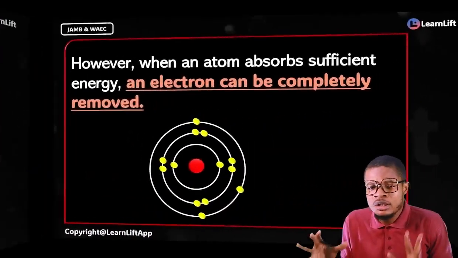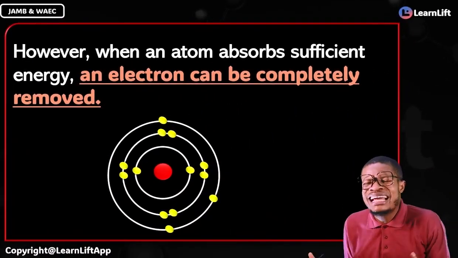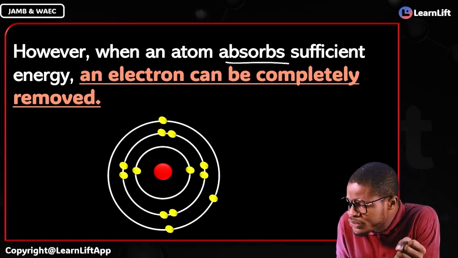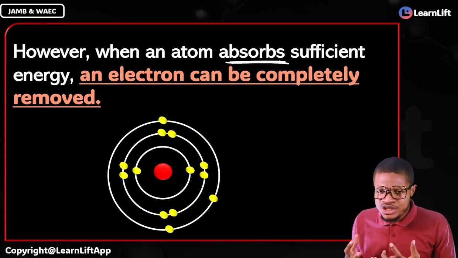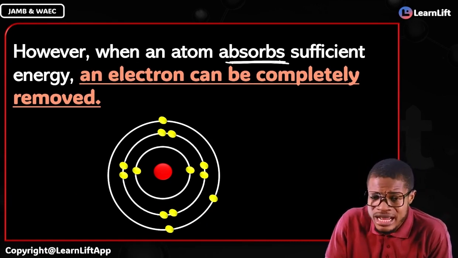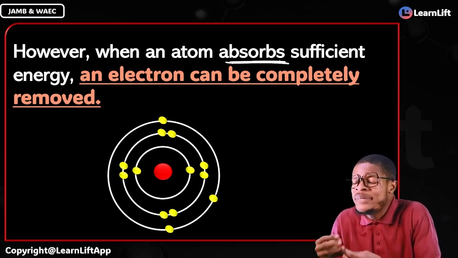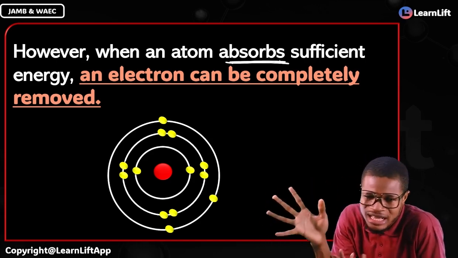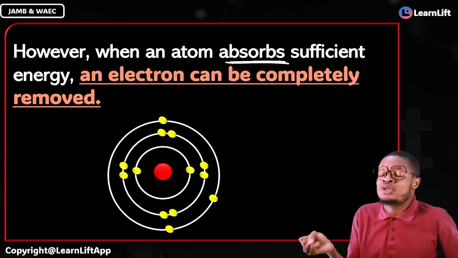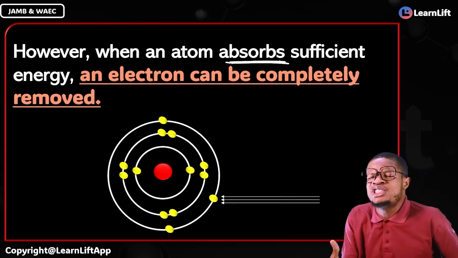But very importantly, you must know this, however, that when an atom absorbs sufficient energy, so it's possible that we channel energy towards an atom, right? What happens? An electron can be completely removed. What do we mean by this? Let's say this is our atom, right? It absorbs sufficient energy.